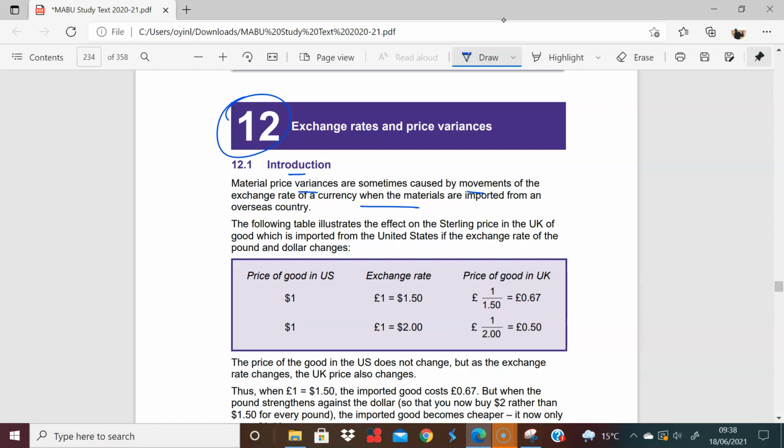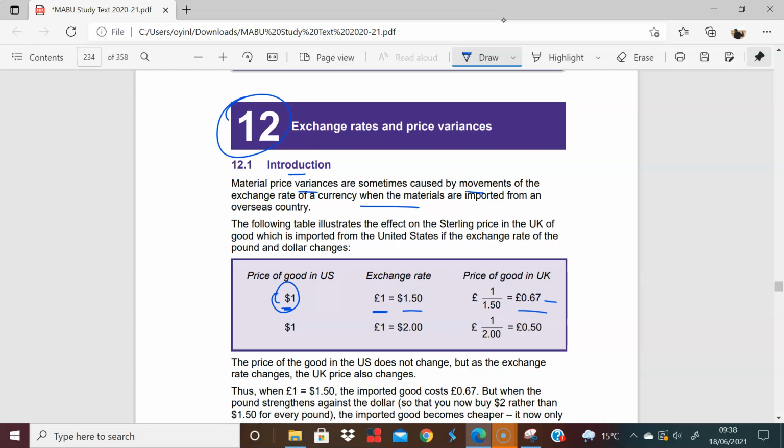So, for example, a product in the US was worth $1, forgive me. For every pound you have in the UK, if the exchange rate was $1.50, you can get $1.50 for every pound you have, which technically means that if you wanted to buy something that was worth $1 in the US, that would be the equivalent of having 67p.